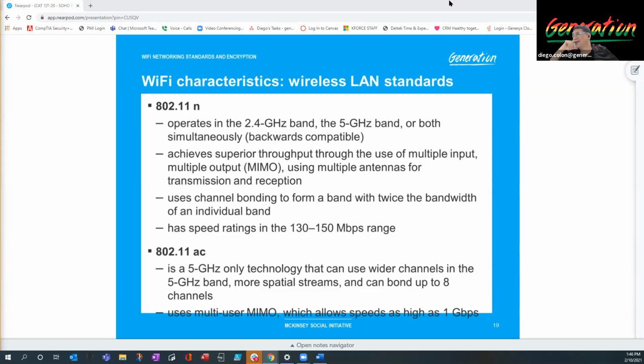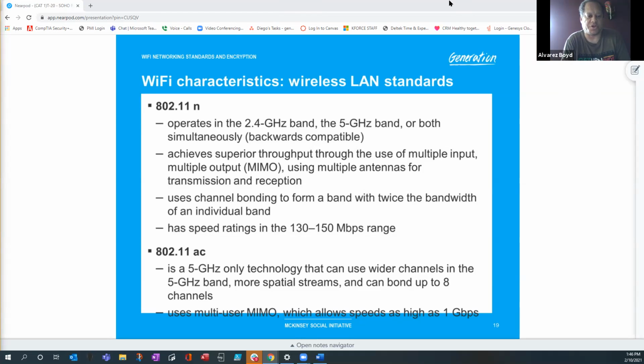It's able to transmit on that bandwidth, but on several channels at the same time while utilizing all the antennas that it has. Some of them have it built in, and some of them are very sophisticated and have those antennas with the little ears sticking out. Questions or doubts?